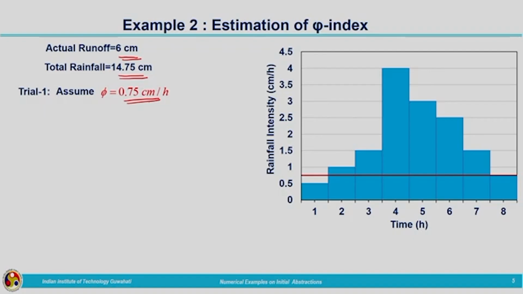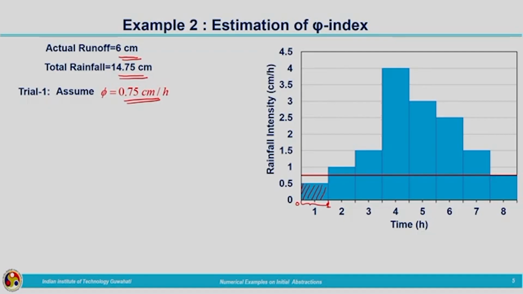So, if phi index is 0.75 centimeters per hour, you can understand that from 0 to 1 hour, that is 1 unit marked at the center, this time interval is 1 hour. During the first hour, whatever rainfall is occurring is getting infiltrated or is lost as initial abstractions.